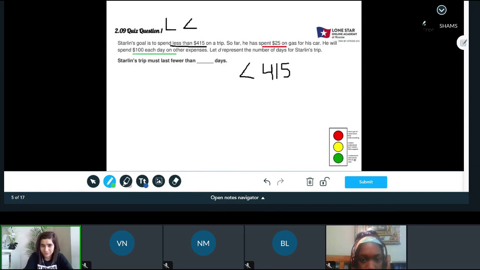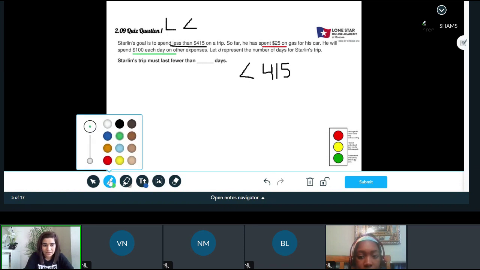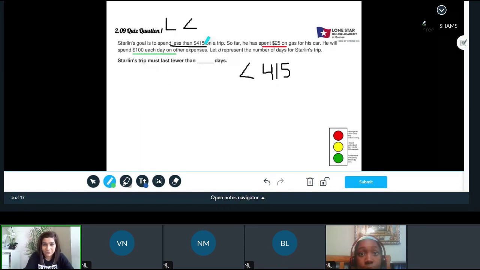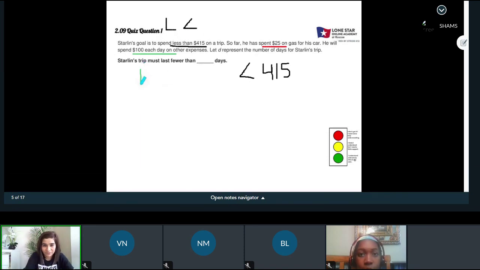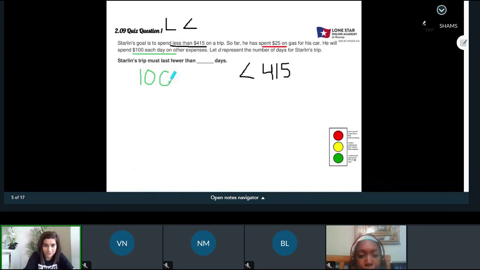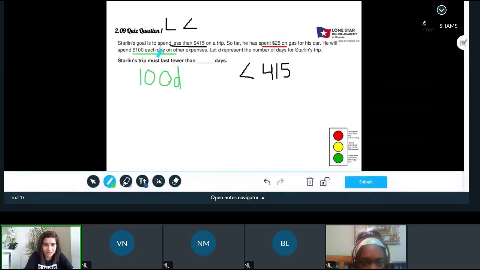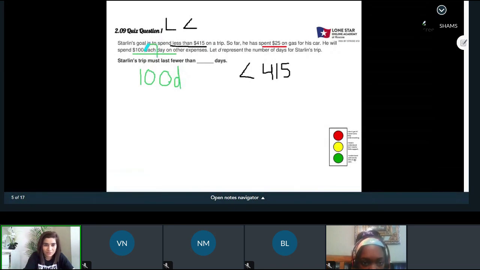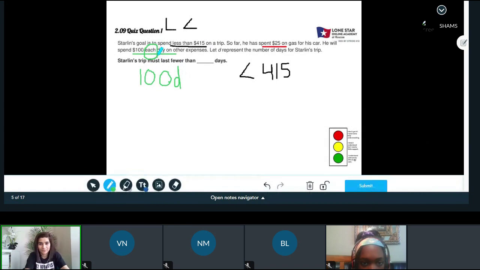So number one, they're saying Stalin will spend $100 each day. So I will say 100D, because it has the word each. You see, he spends 100 each day. The word each tells me where the variable will go.